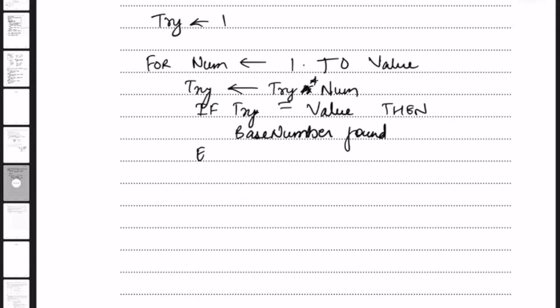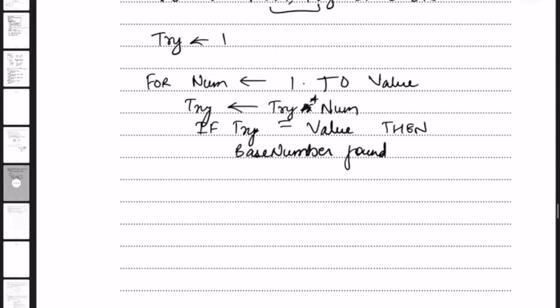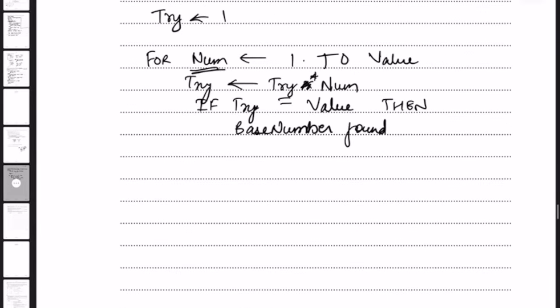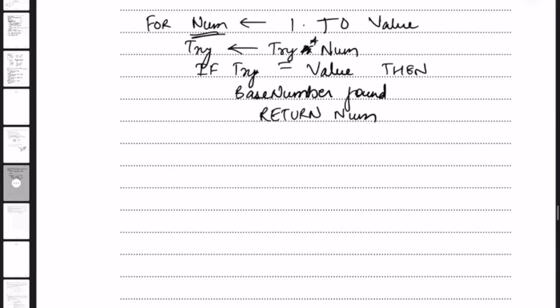Base number is found, and we'll also have to return num. If we find 720, 6 will be the num, right? So we'll just return num. And let's end if.